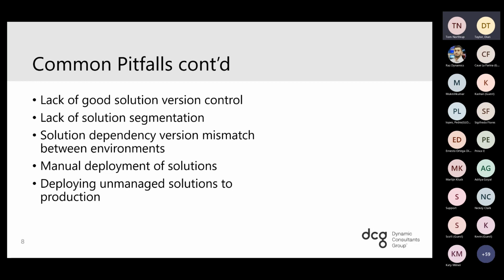Manually moving solutions, that's a risk. Now, that's what we all do. I mean, that's how I manage it, but I'm going to show you at the end, DevOps now has connectors and tools that can automate the movement of a solution from one environment to another. And then deploying unmanaged solutions to production. This is going to become a real danger as Microsoft pushes more towards a managed environment in production.